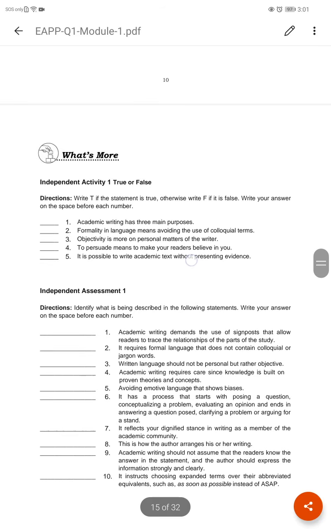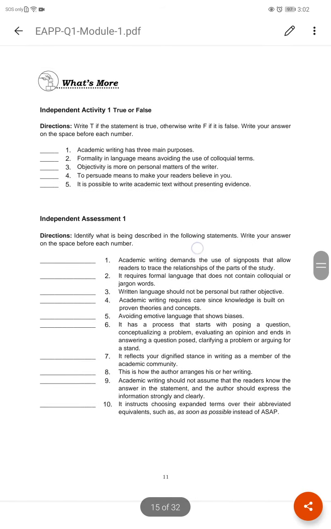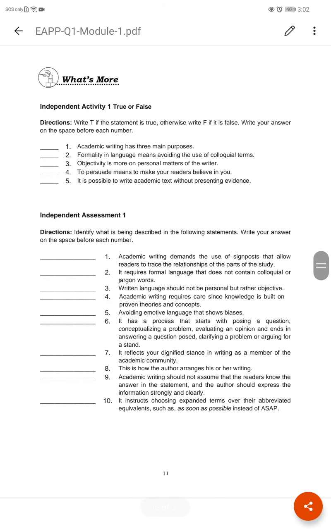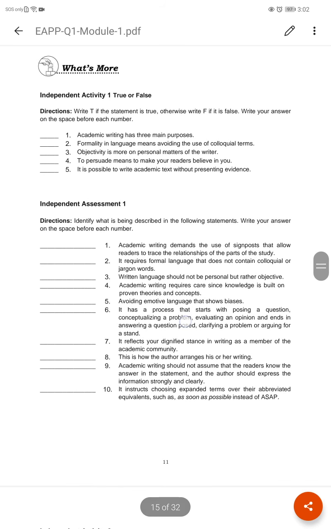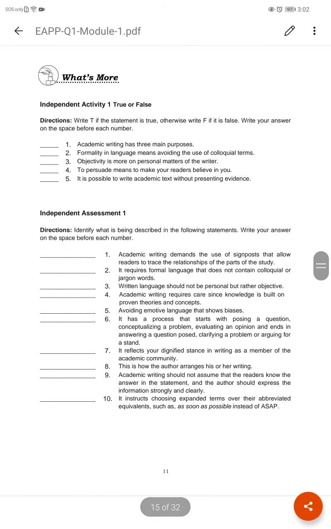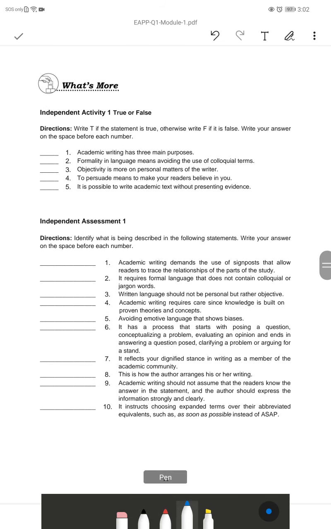Now, for our activities in What's More, I want you to answer all these activities on your one whole sheet of paper again. So let's begin with independent activity 1, true or false. Directions: write T if the statement is true, otherwise write F. So again, you will only write T, and F if it is false.